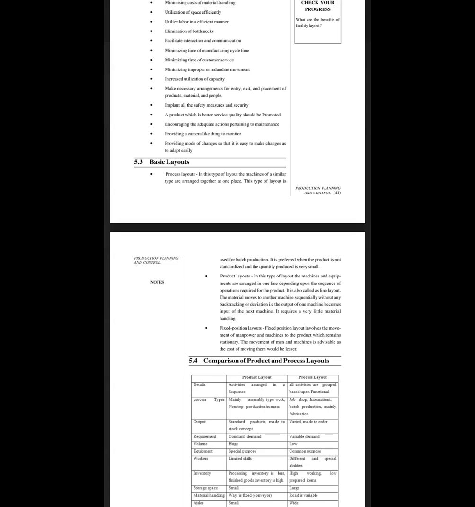In this type of layout, machines of a similar type are arranged together in one place. This type of layout is used for batch production. It is preferred when the product is not standardized and the quantity produced is very small. That is called the basic layout.